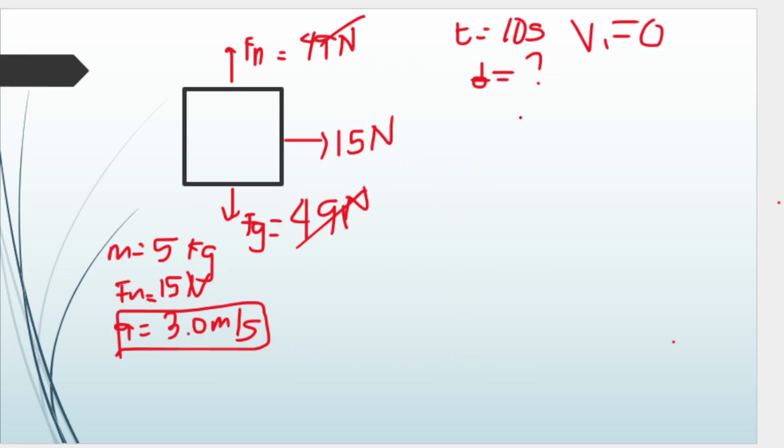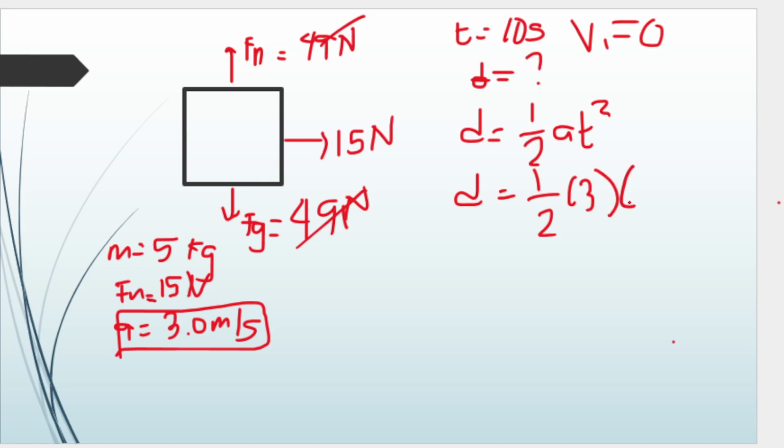Okay, so displacement is equal to, since initial velocity is 0, we are left with 1/2 at squared. So displacement is 1/2 a, which is 3, times time, which is 10, squared. Do not forget that there is a square in this formula.